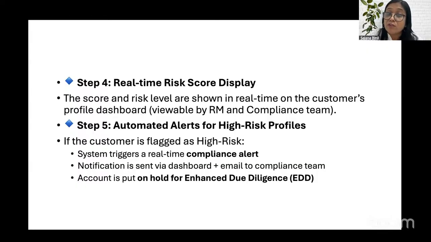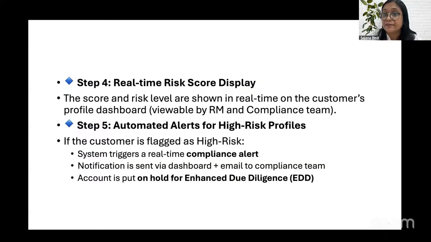Step 5, automated alerts for high risk profile. If a customer is flagged as high risk, the system sends a real-time alert to the compliance team. So now the compliance team doesn't need to manually verify whether a customer is high risk. They just get an alert from the system. And this account is automatically put on hold for enhanced due diligence.